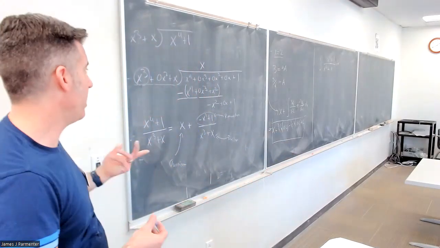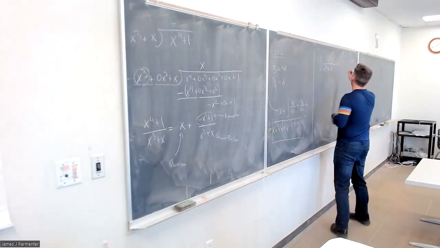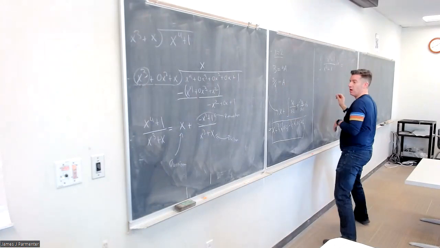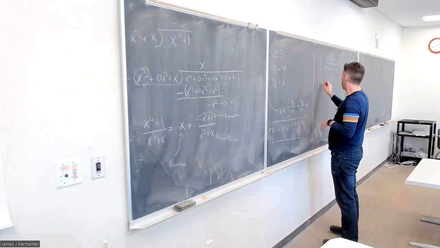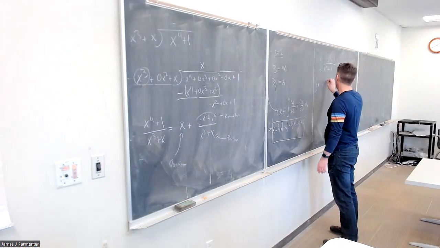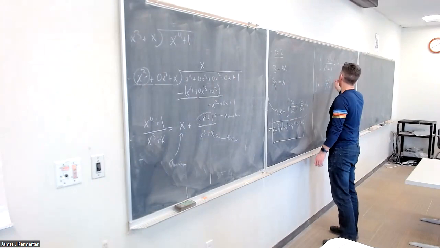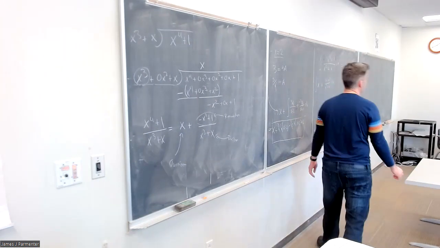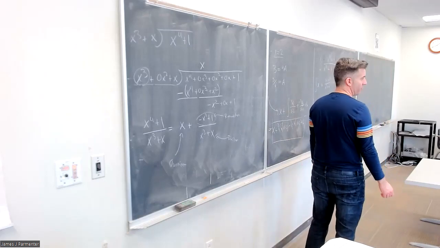Okay, so then that's what we're going to do. We're going to rewrite our integral as the integral of x plus, I might write that as, yeah, I'm being annoying, (1 minus x squared) over (x cubed plus x). Then we're going to do partial fractions.